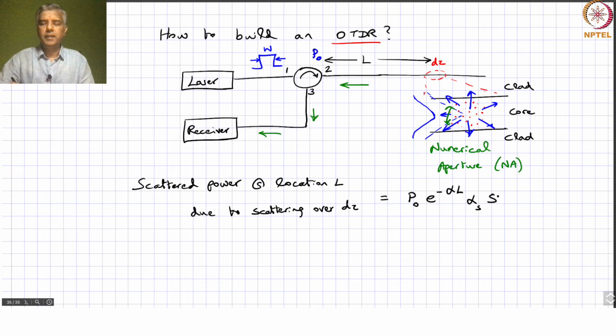And so this is the scattered power at location L, and this scattered power is the backscattered power. Okay, and what you are interested in is the received power due to scattering at location L, right?